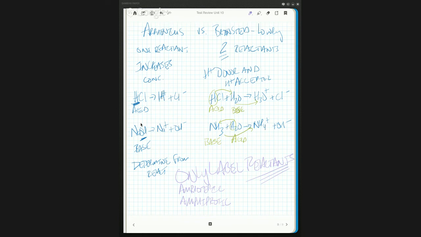Only label the reactants. We only labeled the reactants here, here, here, here, and here. It was only the reactants. If it's Bronsted-Lowry, there are two of them. If it's Arrhenius, there's only one. That's how you'll know which definition of an acid you will be needing.